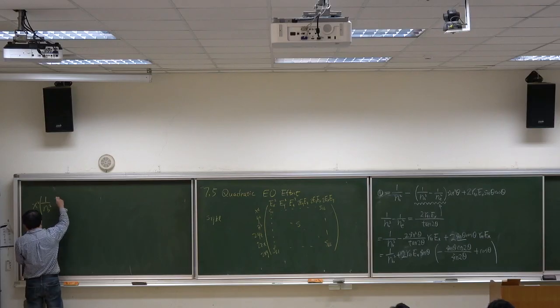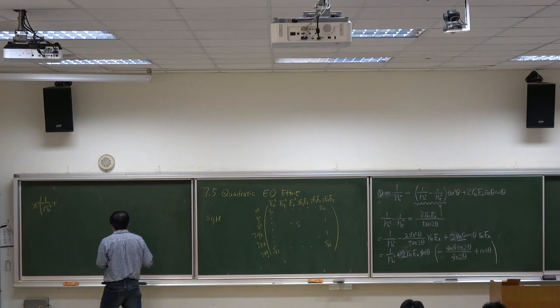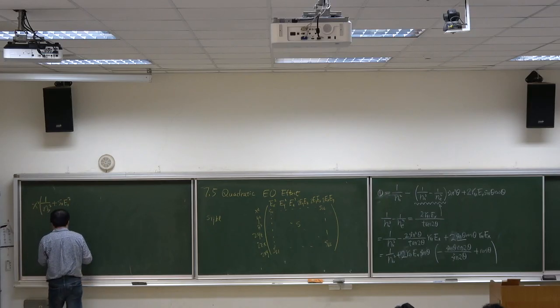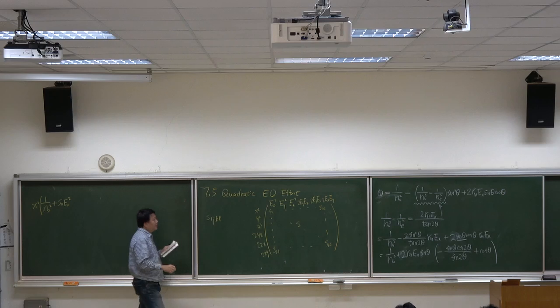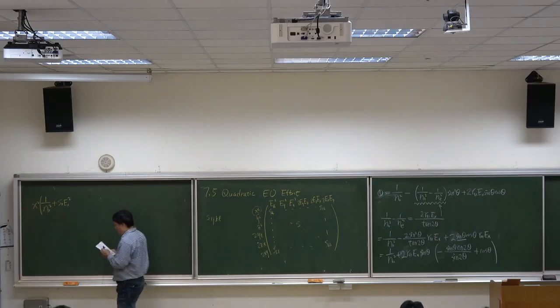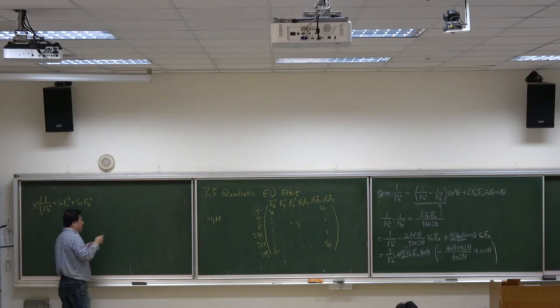1 over nx squared plus S11 times Ex squared. This one means x squared, this one means Ex squared. And S12 times Ey squared.